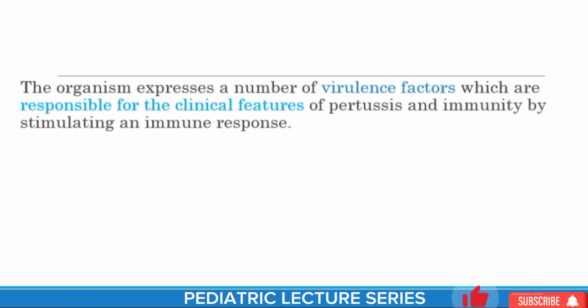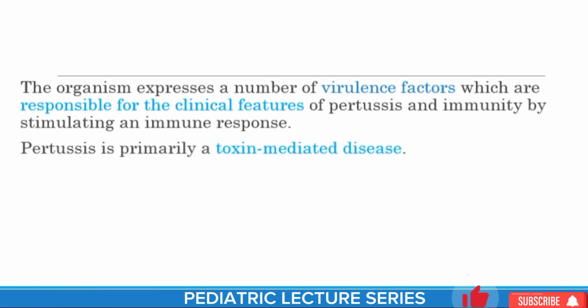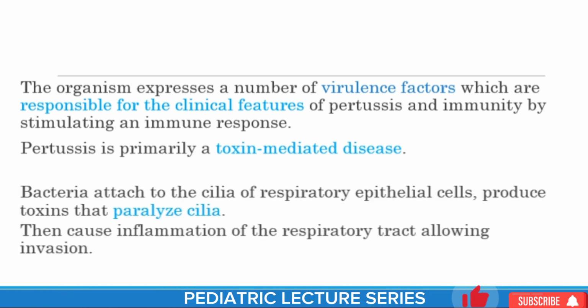The organism expresses a number of virulence proteins. We shall look at them in the following slides. These virulence factors are responsible for the clinical features of pertussis and the immunity by stimulating an immune response. Pertussis is primarily a toxin-mediated disease, so the effects are a result of the release of the pertussis toxin.